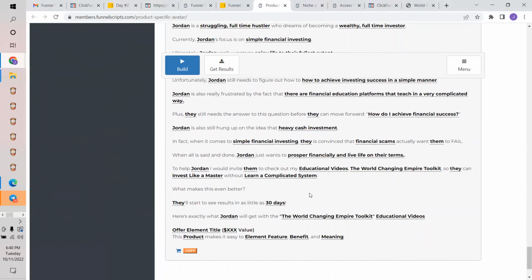In fact, when it comes to simple financial investing, they are convinced that financial scams actually want them to fail. When all is said and done, Jordan just wants to prosper financially and live life on their terms. To help Jordan, I would invite them to check out my educational videos, the World-Changing Empire Toolkit, so they can invest like a master without learning a complicated system.